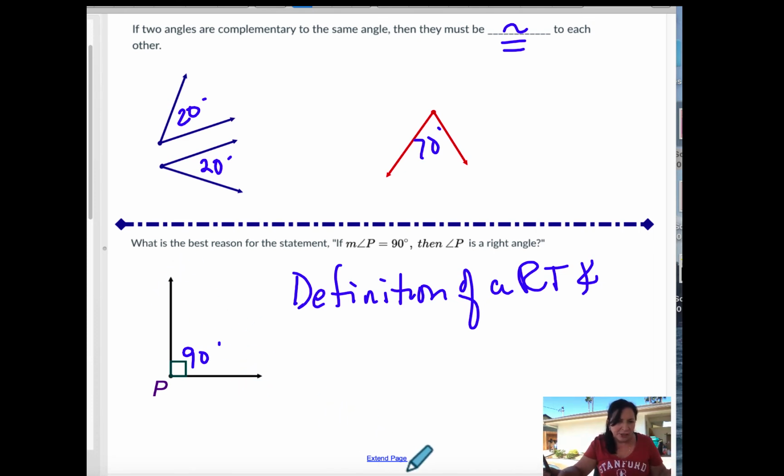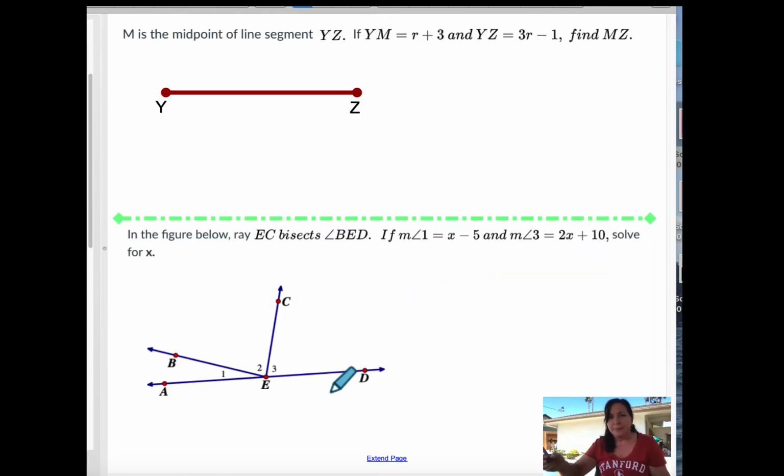That's like the angle addition postulate. We're not talking about complementary angles. We're just talking about a right angle. And when you're saying that angle is equal to 90 degrees, that would be the definition of a right angle. If I said two supplementary angles add up to be 180 degrees, that would be the definition of supplementary angles. So that kind of thing.